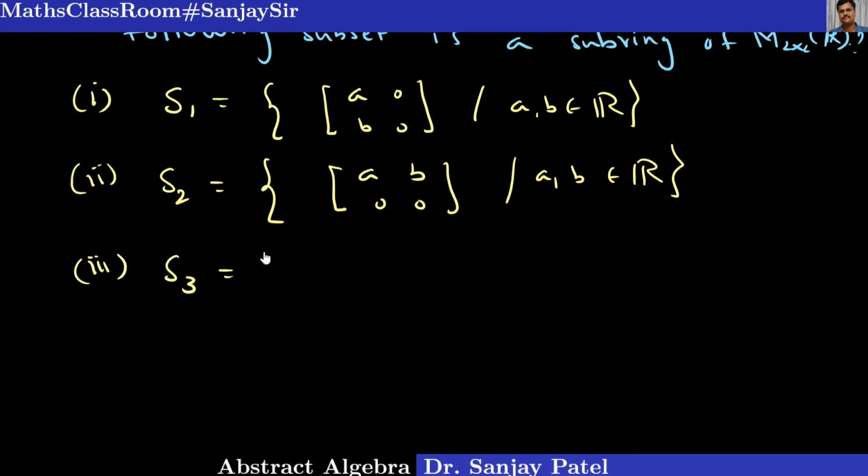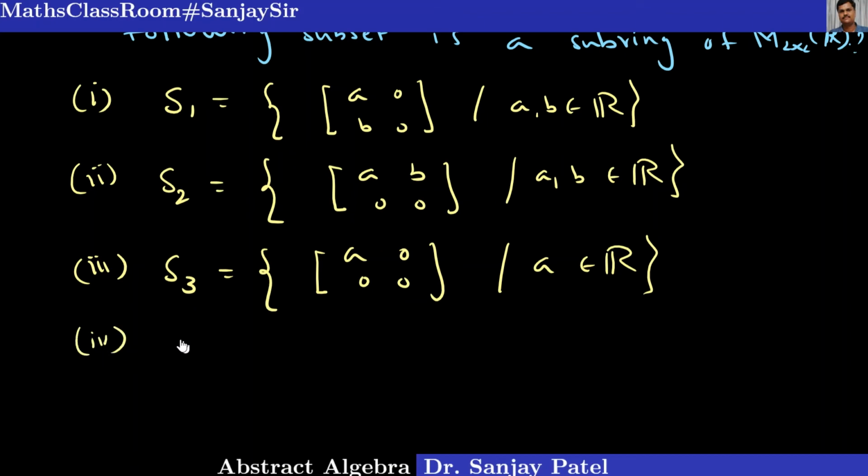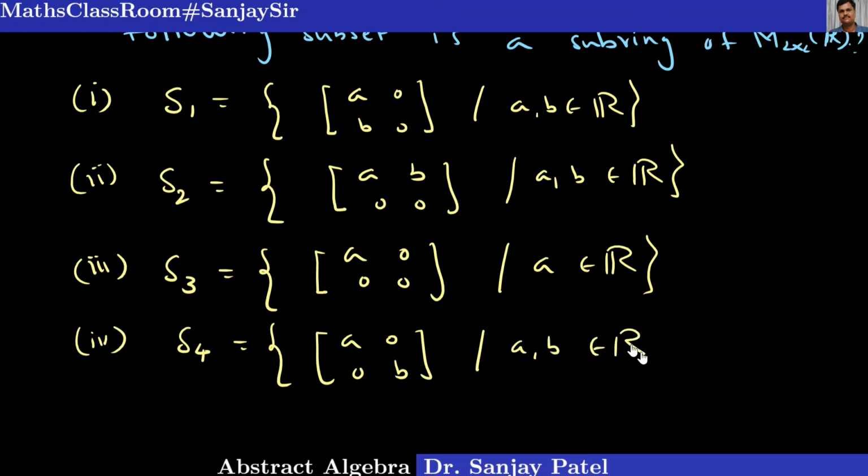I will be proving only one of these. The remaining you can take as your exercise. Say S3, all matrices of the form [A, 0; 0, 0], where A belongs to R. And fourth, S4, the set of all diagonal matrices [A, 0; 0, B], where A and B belong to R.